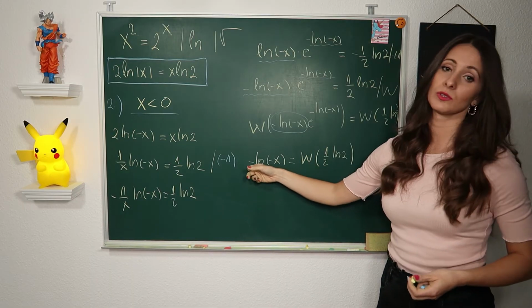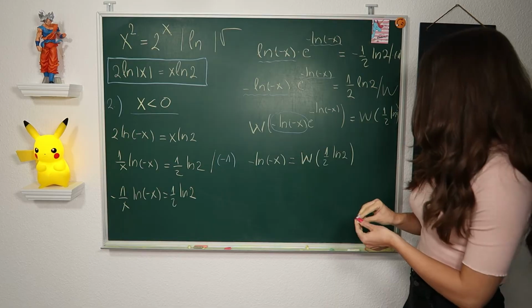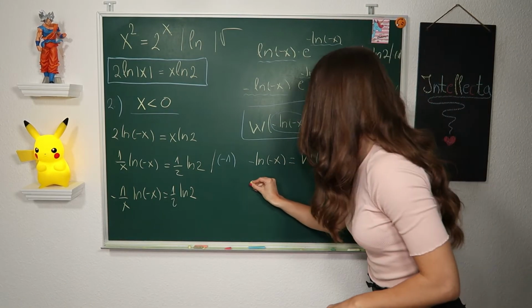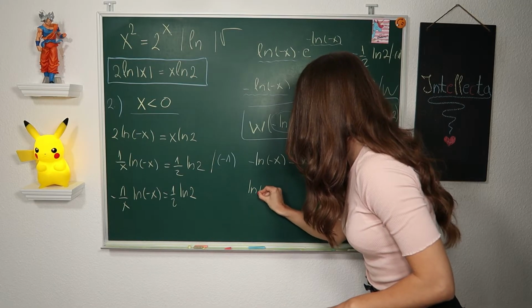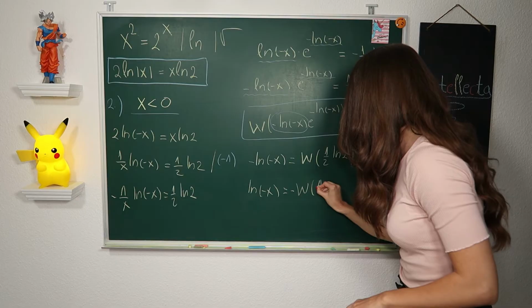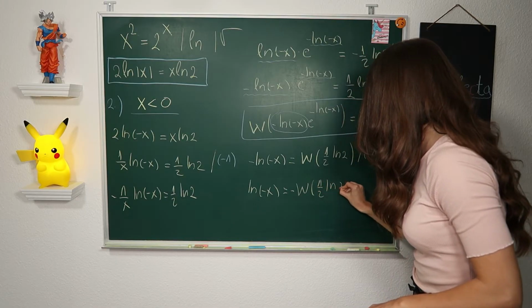Now we are going to multiply by negative 1. Okay, let's do it first. Negative 1. So we will get that ln of negative x is equal to negative W of 1 over 2 ln of 2.